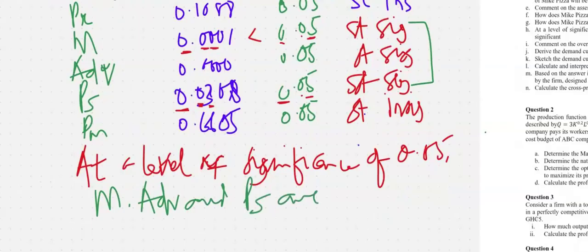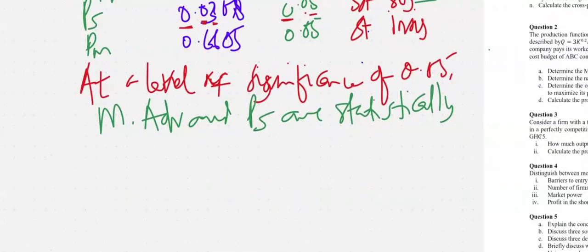Don't write consumers income, don't write ADV, rather write advertising. Don't write PS, write price of Sprite. Consumers income, advertising, and price of Sprite are statistically significant. All right, so that's it.